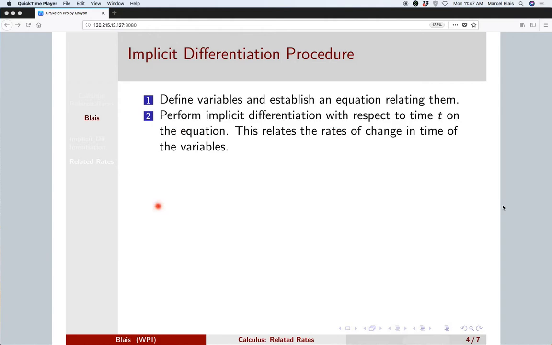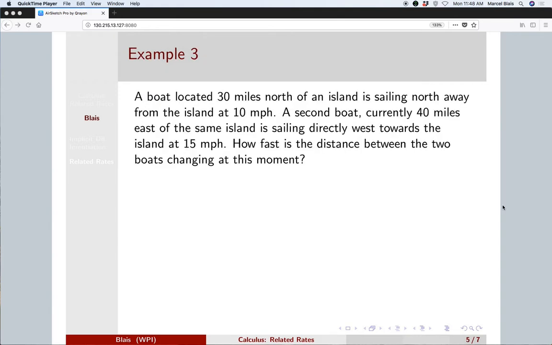Once you have that equation, you perform implicit differentiation on both sides with respect to t, and that gives you your related rates of change. And then, third, answer the question. So that's really the approach that we use for these types of questions. And let's do some more examples.